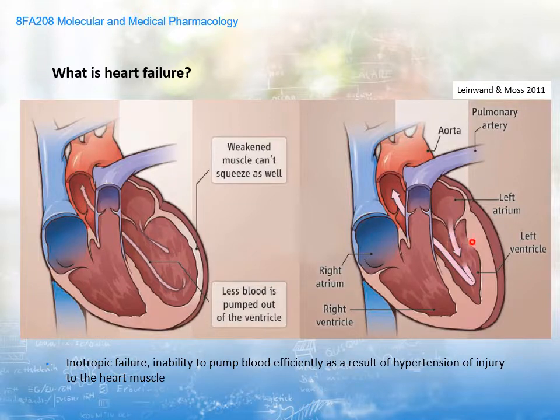And what you can appreciate in this picture is essentially the thickness of the left ventricular wall. This thickness in heart failure after remodeling is thinned out. And notice also that the size of the chamber is much increased in heart failure.